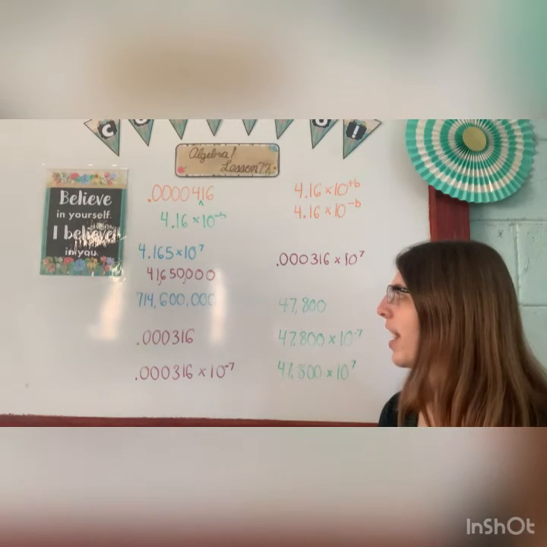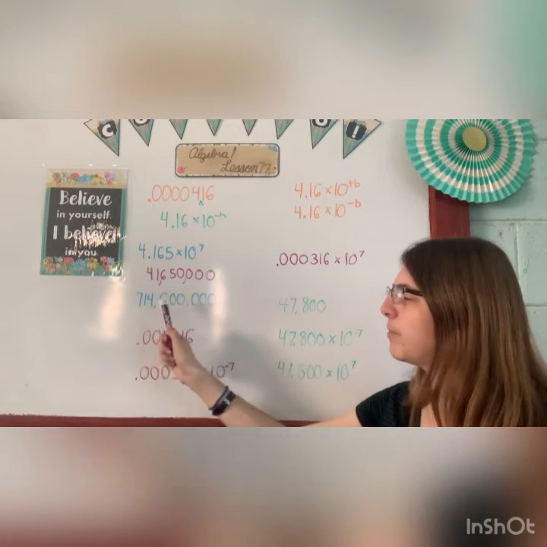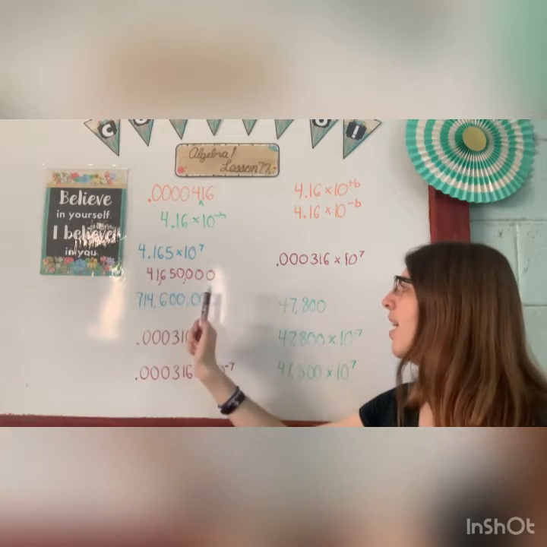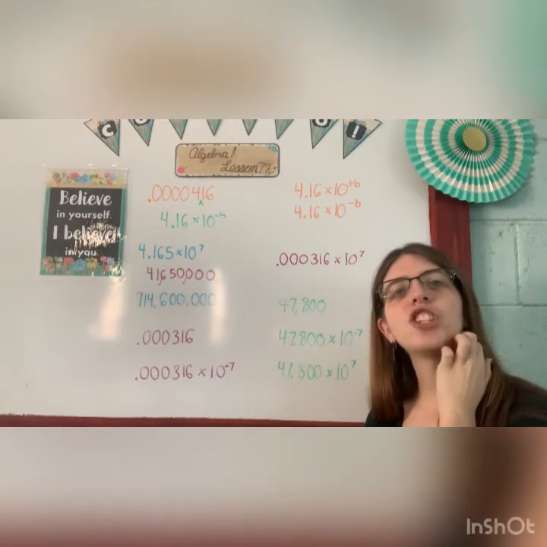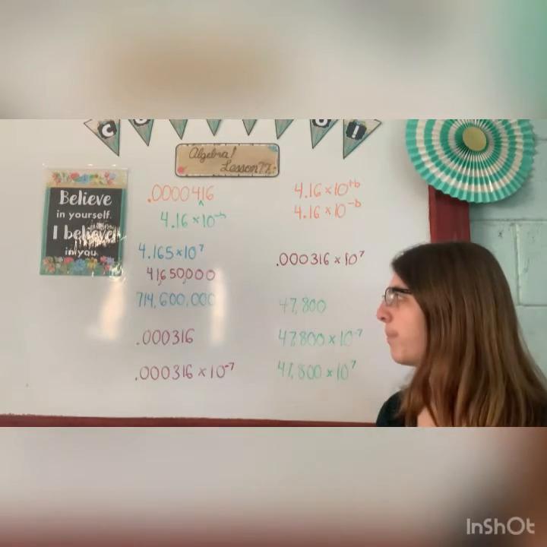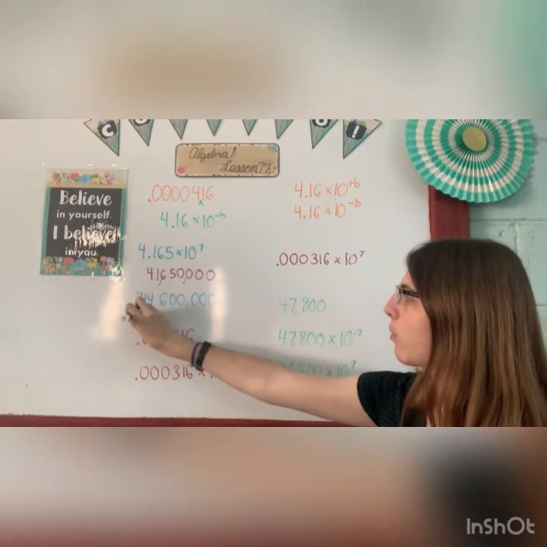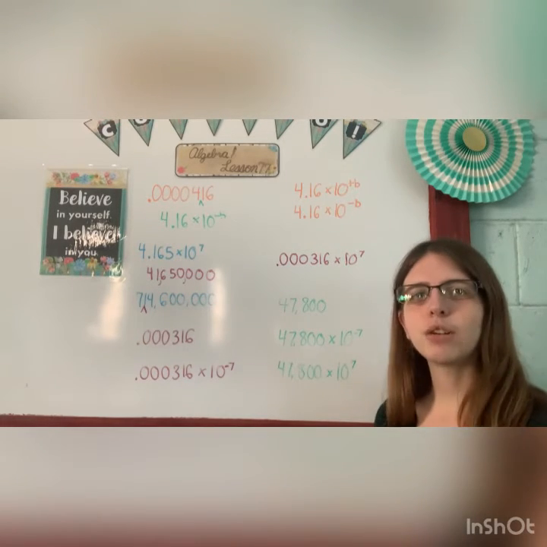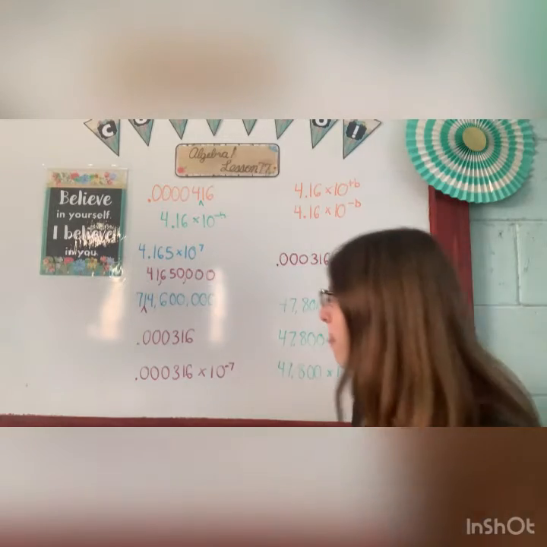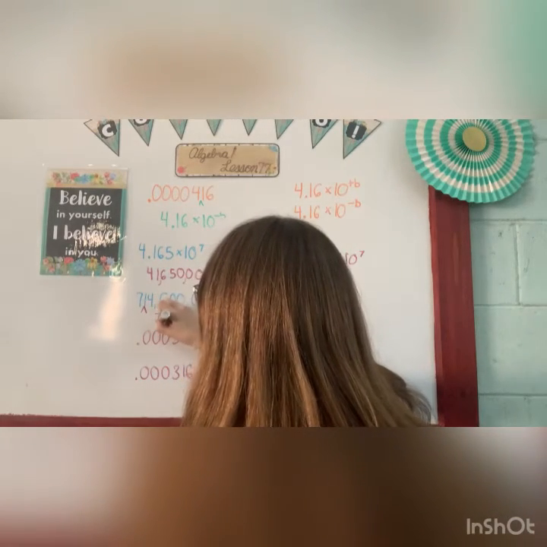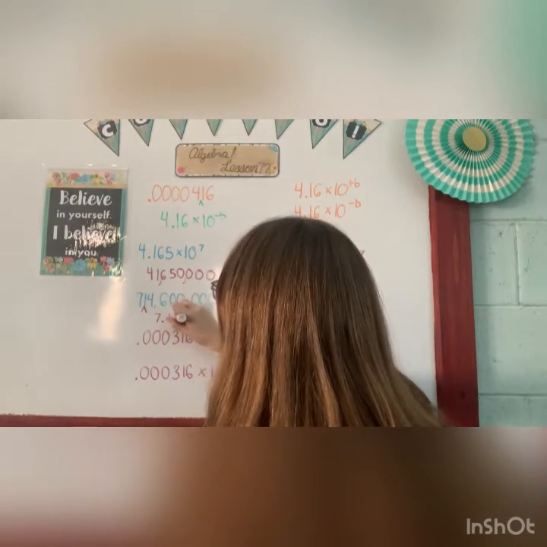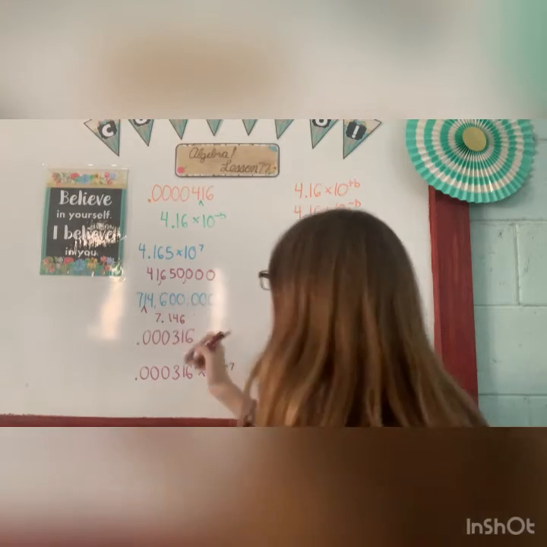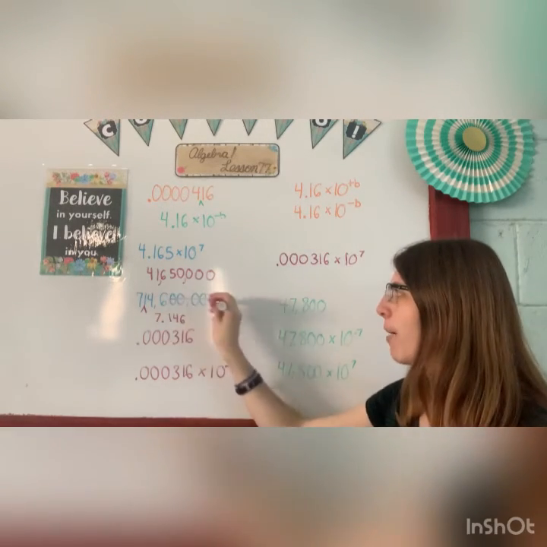All right, let's try this one. 714,600,000. I want to change this into scientific notation. Well, I have to put my decimal point right behind the first non-zero digit that I come to, which is 7. So it changes to 7.146. Now I don't write the zeros, I drop those off.